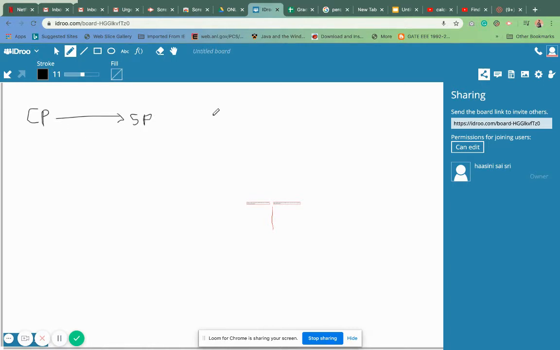Now, we have learned in the previous modules how an original amount changes to a new amount and there is a percentage change. This concept is exactly the same.